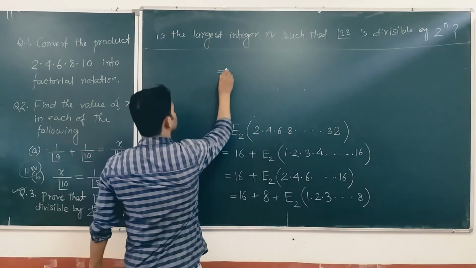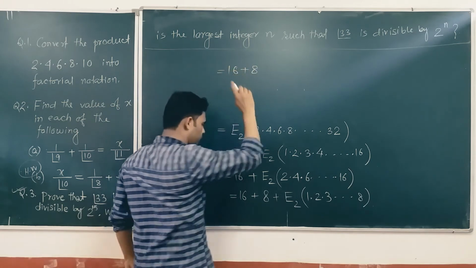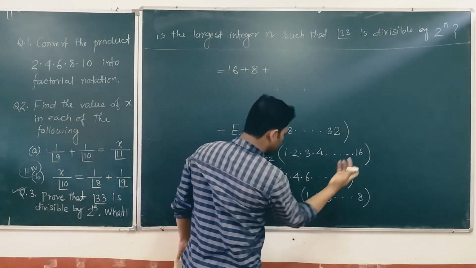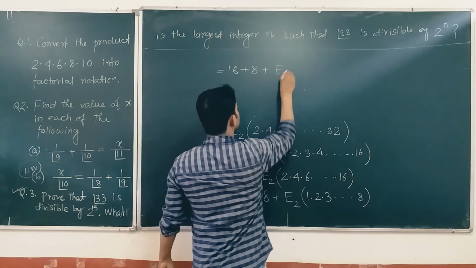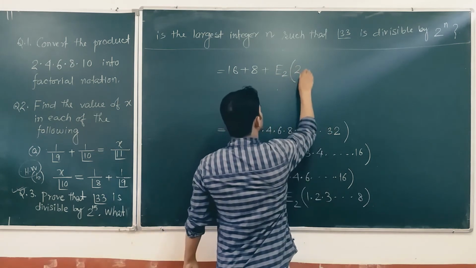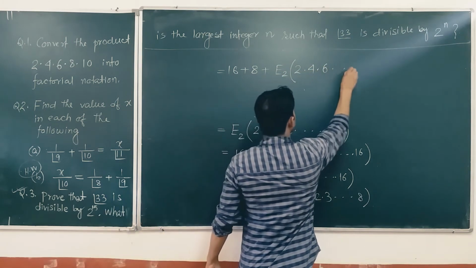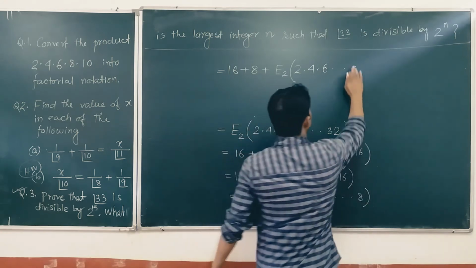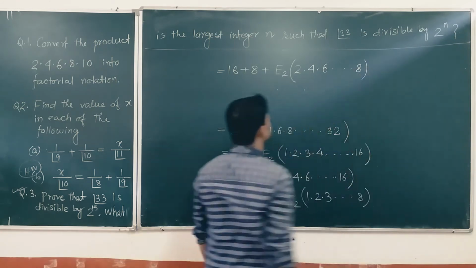This is equal to 16 plus 8 plus, the missing ones I put in, so it is e2 of 2 4 6 and so on up to 8.